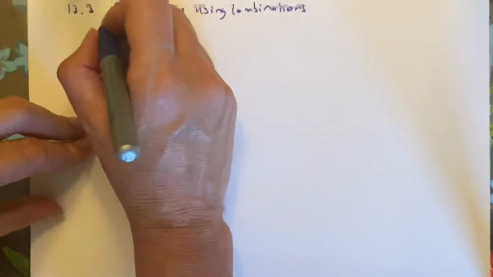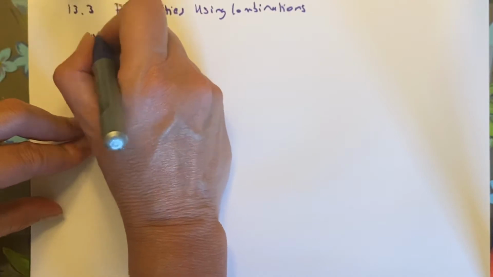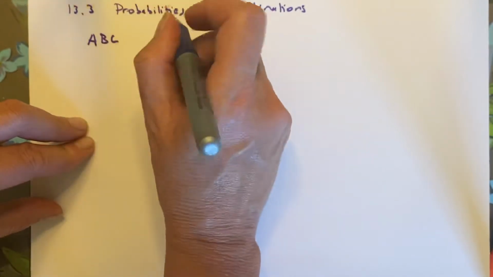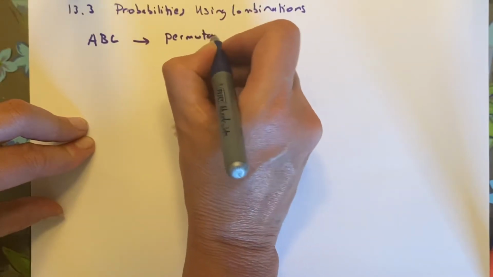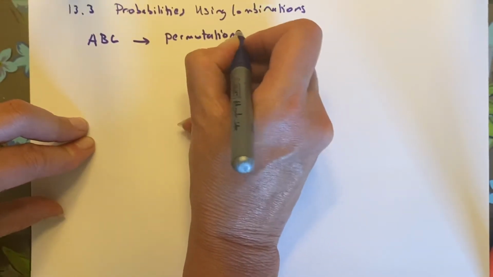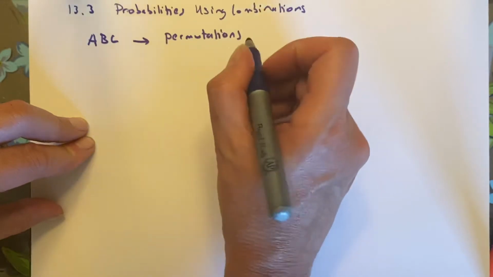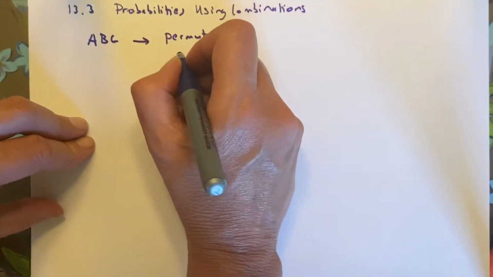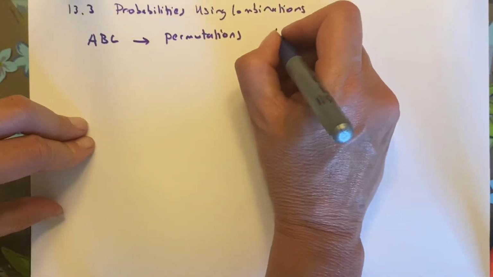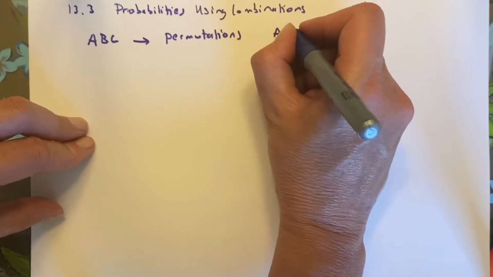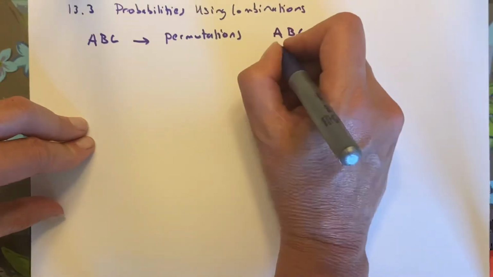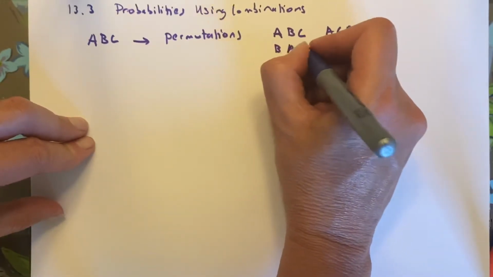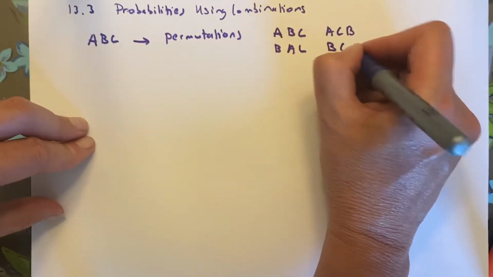And if you remember our example in the first section, the letters A, B, C, what are all the different permutations? And permutations mean order does matter. I take A and then I'm left with the options B, C or C, B. I pick B, I'm left with AC or CA.